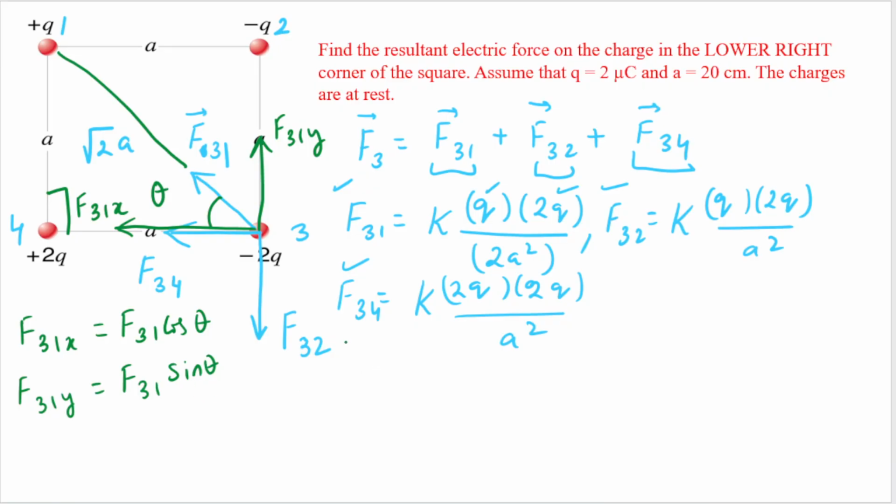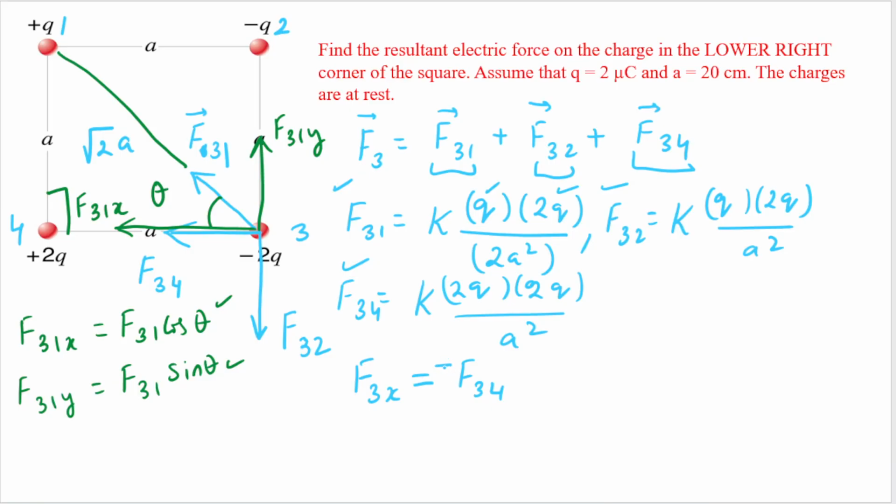Now that we have resolved F31 into horizontal and vertical components, let us add all the X components acting on charge Q3. F3X, all the forces acting in the X direction, equals F34. Let us put a minus sign.